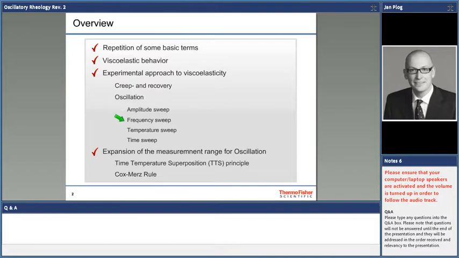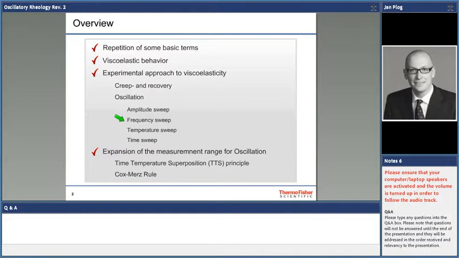The main topic of today's lecture is going to be the frequency sweep. So this is going to be the goal for us today. We want to understand what we need to do to determine not just the viscoelastic behavior, but the speed-dependent viscoelastic behavior.